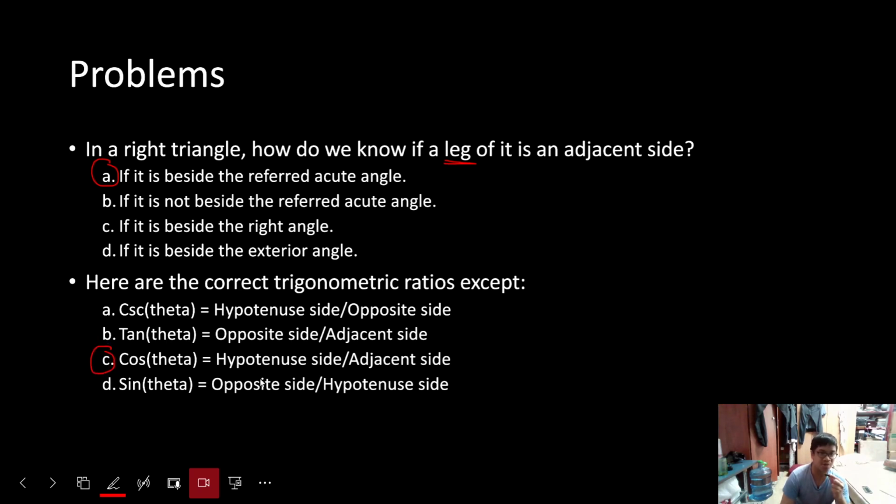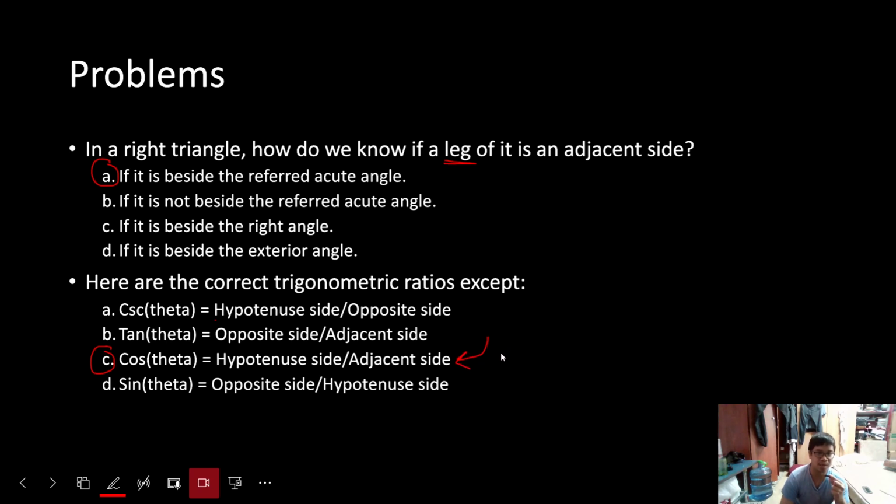This is actually wrong. All right. The rest of the trigonometric ratios are correct. Cosecant theta is equal to the ratio of hypotenuse side and opposite side. So that's okay. Tangent theta, correct. And sine theta is also correct. This one, on the other hand, is not correct.